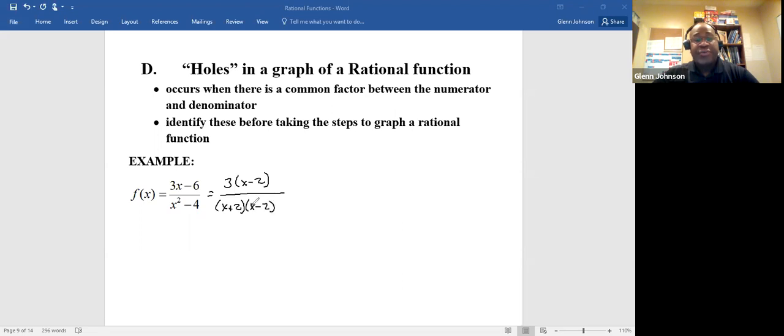Both of these have a common factor of x minus 2 that we can cancel out.